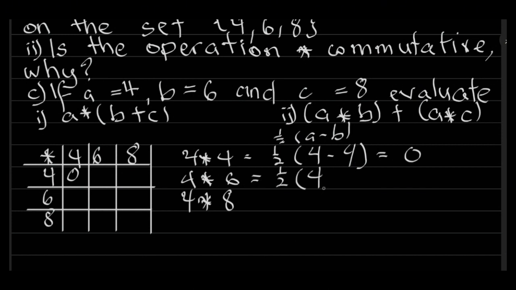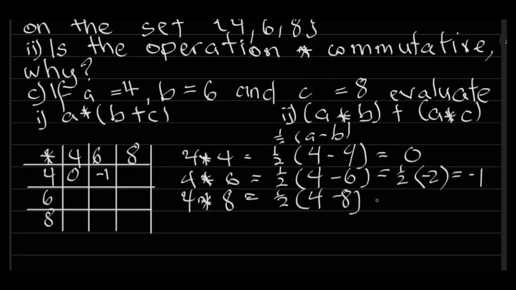Then half 4 minus 6 will give us half of negative 2, and that equals negative 1. And then we have half 4 minus 8, that will be equal to half of negative 4, and that will be equal to negative 2.